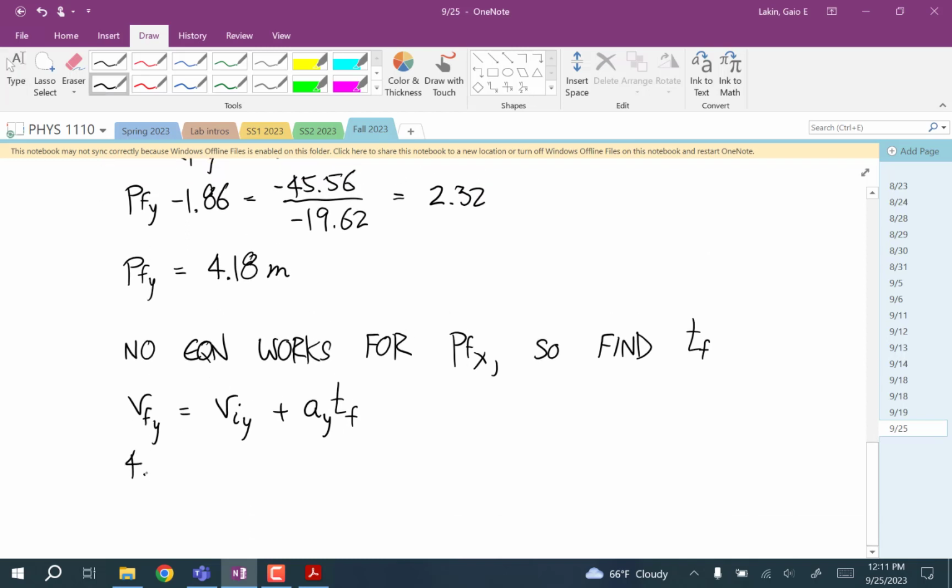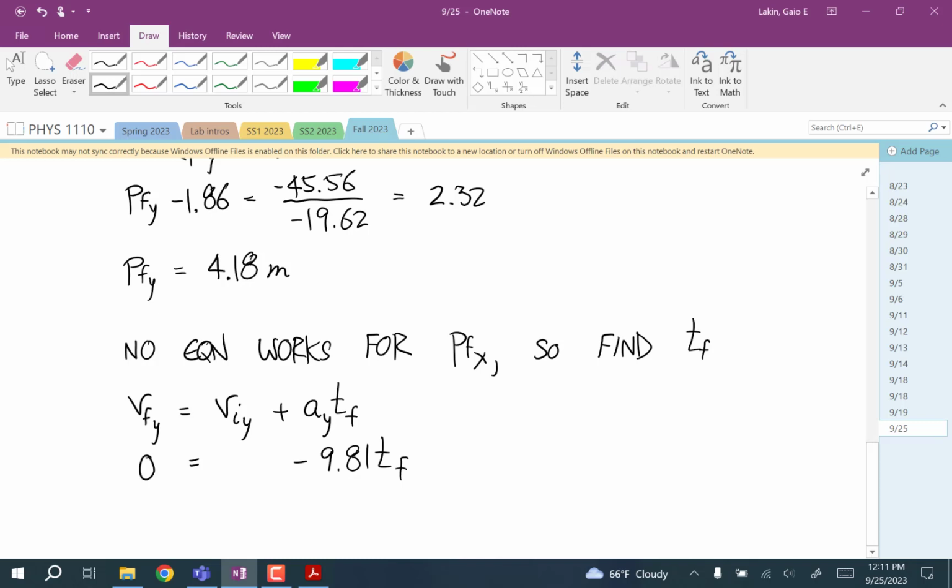So 4.18 is equal to 1.86 minus 9.81 TF. Because hold on, I'm putting in positions instead of velocities.